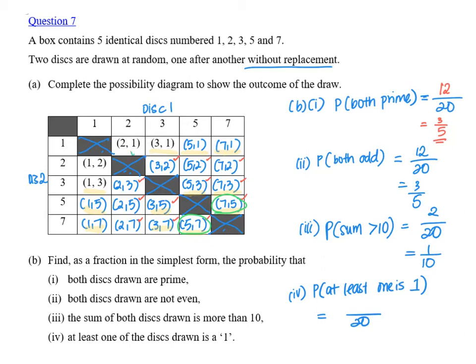So I can have 2 1, 3 1, 5 1, 7 1, 1 2 3 4, 5 6 7 8. So there will be a total of 8 possible cases. Simplifying this, we will get the answer to be 2 over 5. Have you gotten the answer?